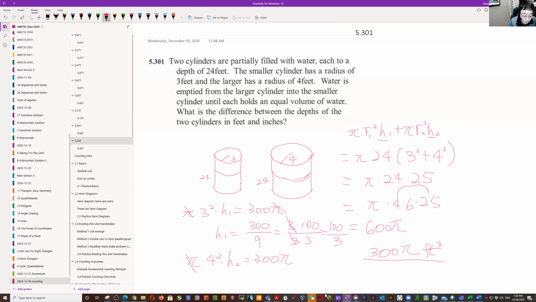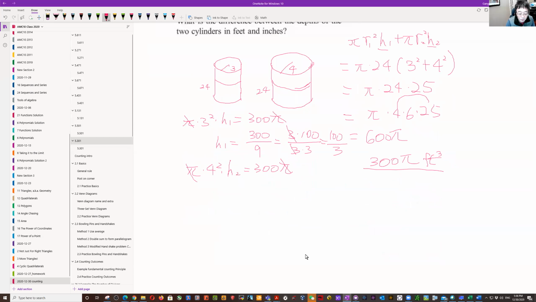And we cancel out, and so basically we get h2 equals 300 over 4 squared, so 4 times 4.